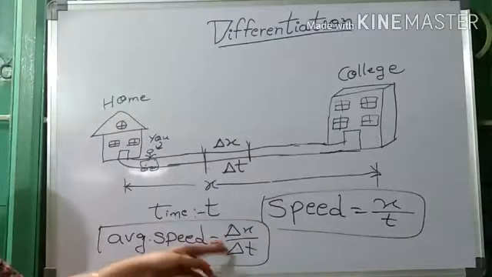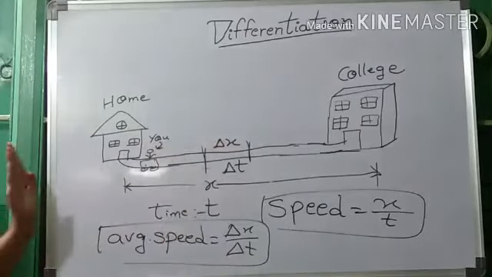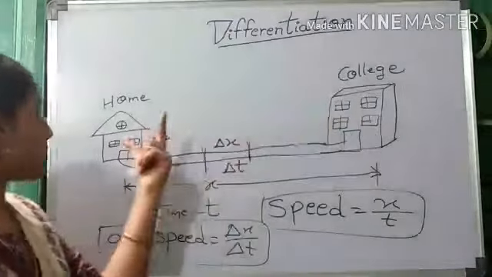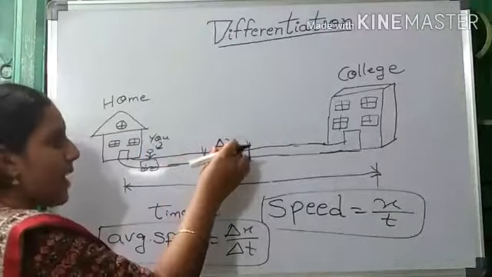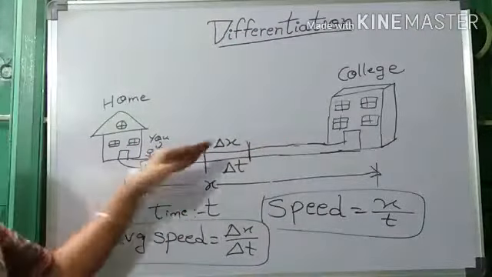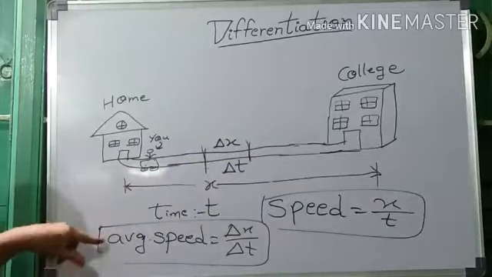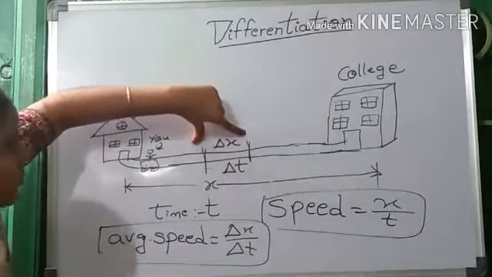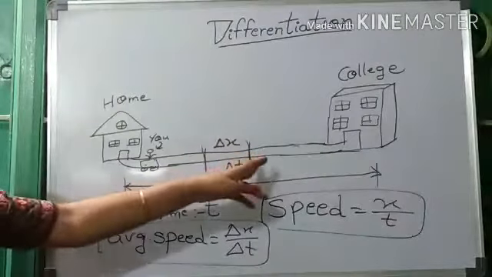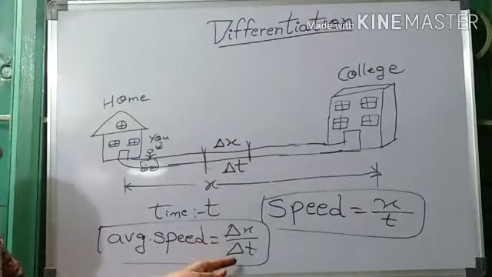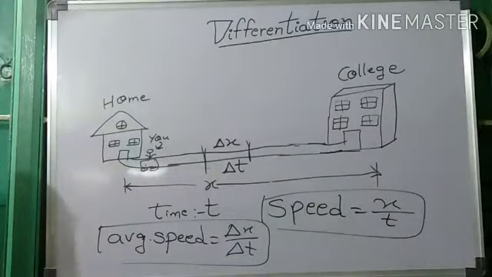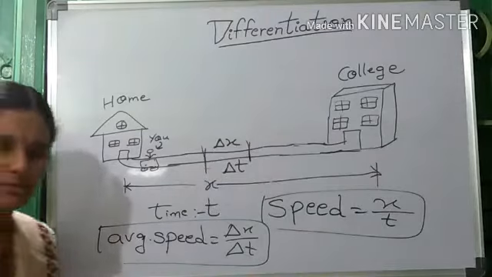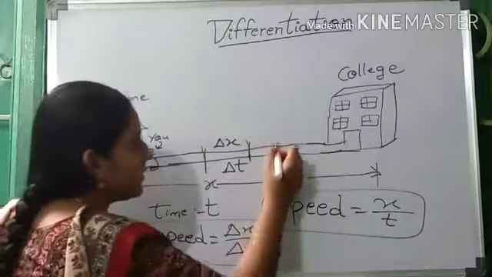This delta x is smaller than the total distance between your home and college. This is just a part of the journey, the length of a bridge. Then the average speed maintained between the starting and the ending of the bridge is delta x by delta t. Let us take a still smaller distance like this.